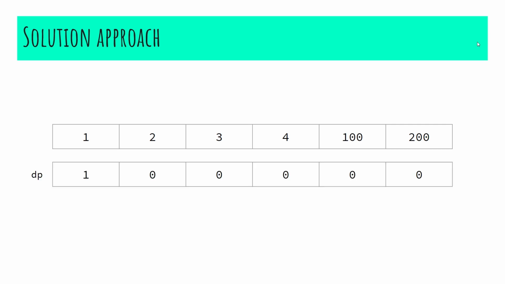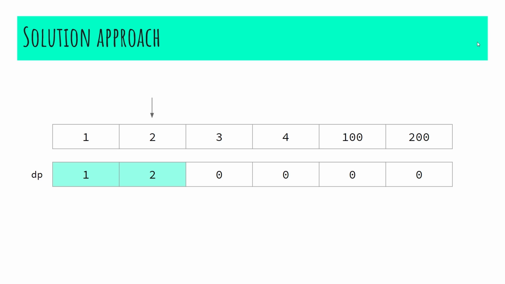Now I'm going to construct another array called DP, which is of the same length as the nums array, and I'm going to initialize the first element of the DP array as 1. We'll start iterating from the second element of the nums array, and I'm going to check if the current element is 1 greater than its previous element.